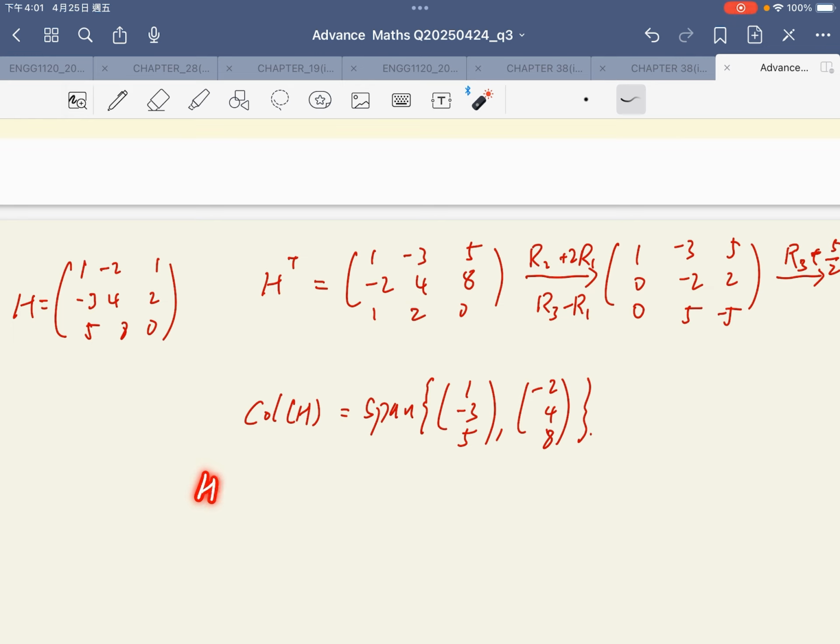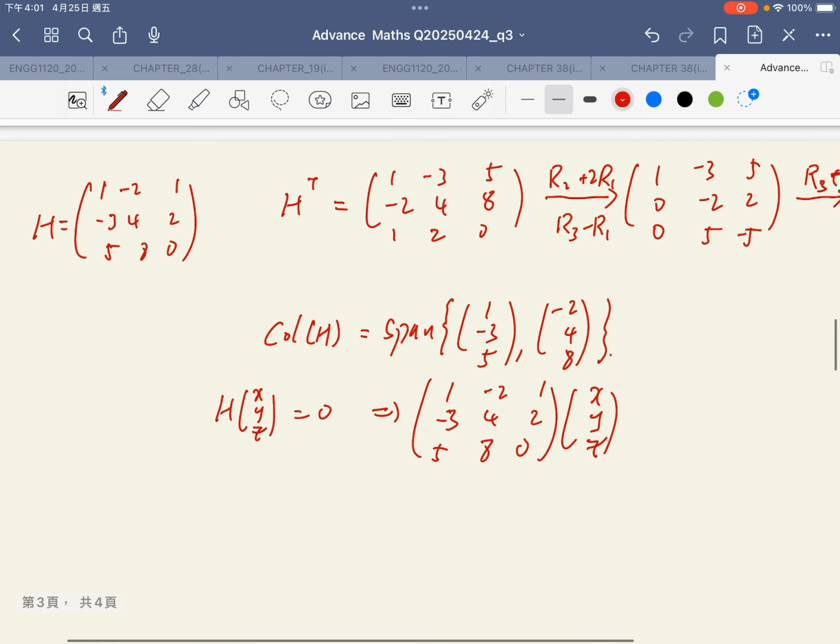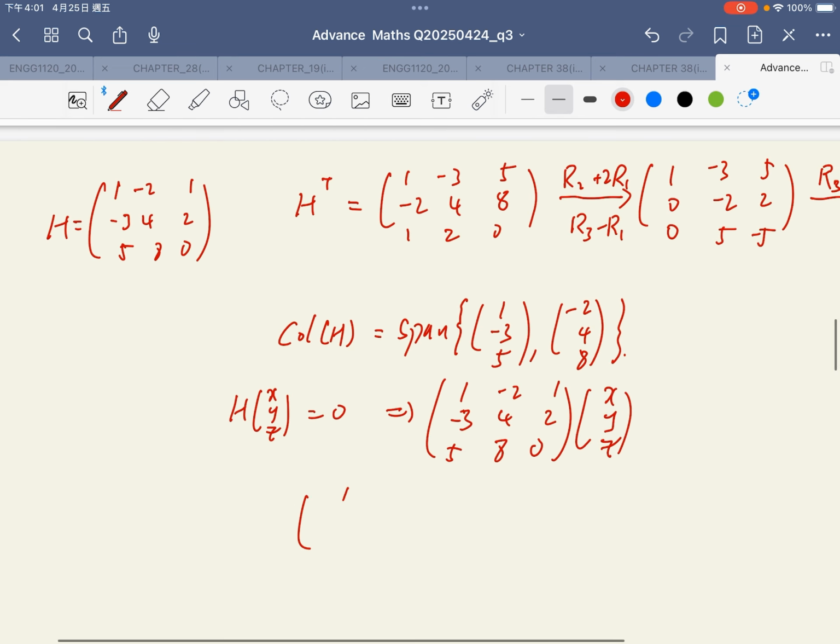That means solve H times (x, y, z) equal to 0. That means we have to solve this equation, and the augmented matrix should be here.